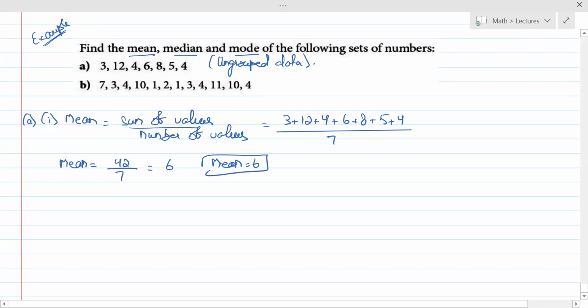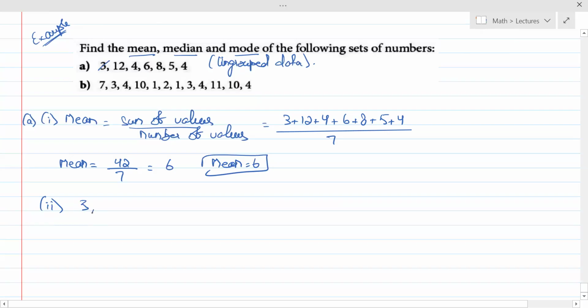Now moving on for finding median, we first need to arrange the data first in either ascending order or descending order. So let's first arrange in ascending order. And while we arrange the numbers in order, make sure you are canceling the numbers used, because that will help us in avoiding any errors, such as repeating the same number or maybe missing out any number. So the lowest out of all these data values given, it's the 3.